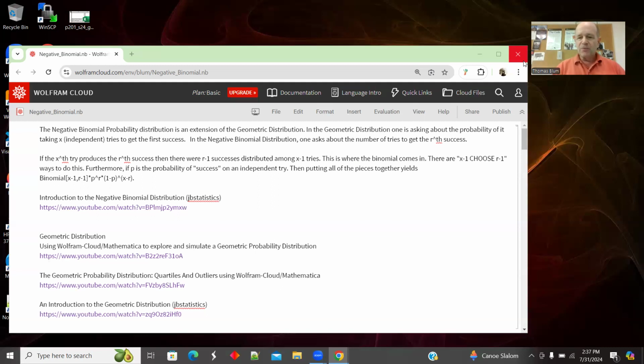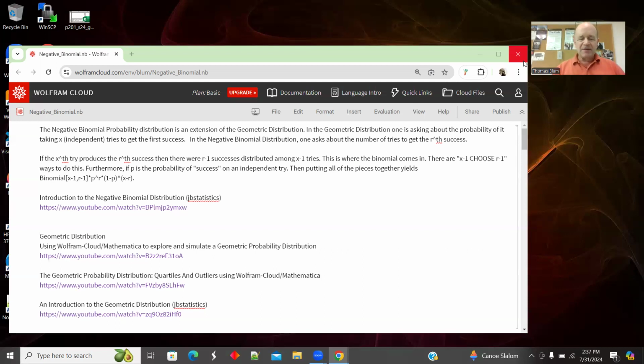The probability of one of these arrangements, if I knew specific locations, such as the first success being on the third try, altogether is P to the R minus 1 for R minus 1 successes, then I add in my last success, so it's P to the R, and then 1 minus P to the X minus R. The number of ways we can do that is the binomial of X minus 1, R minus 1.